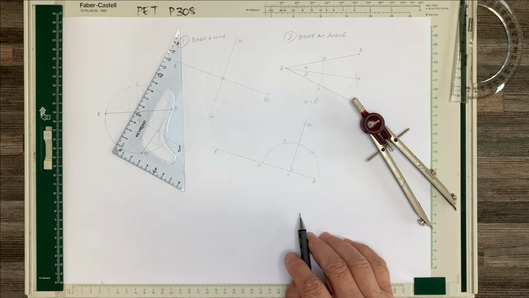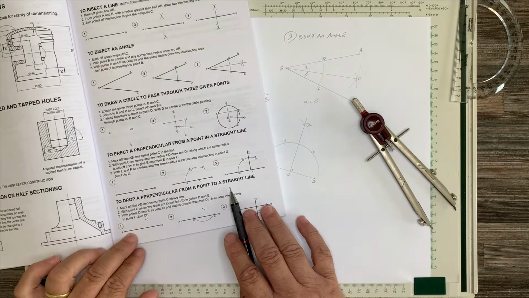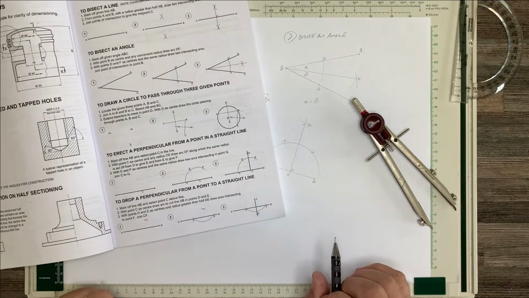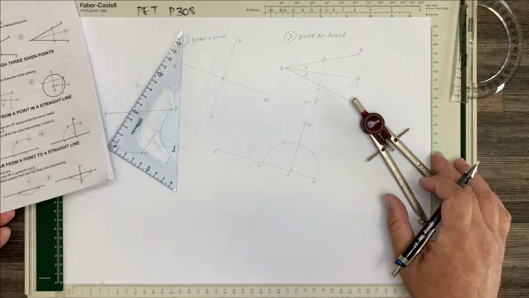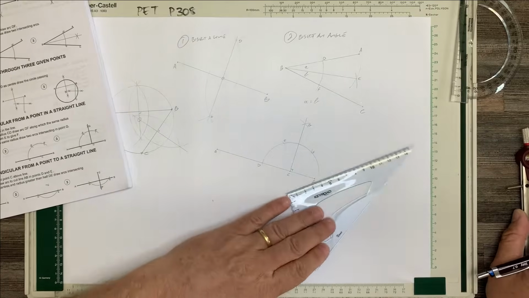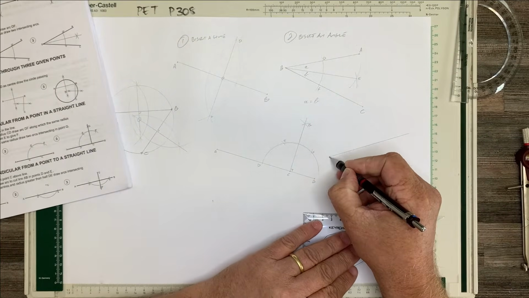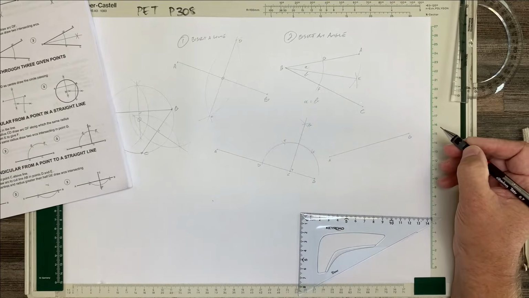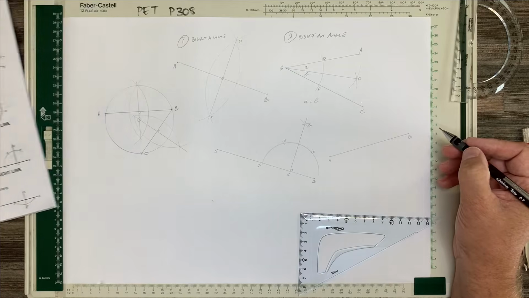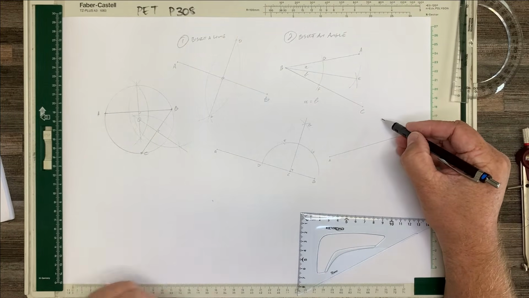Then we have the next exercise, which is to drop a perpendicular from a point to a straight line. Drop a perpendicular. All right, let's just draw a random line, AB, and then we decide that we would like a perpendicular line, but it must be from a point that's not on the line.